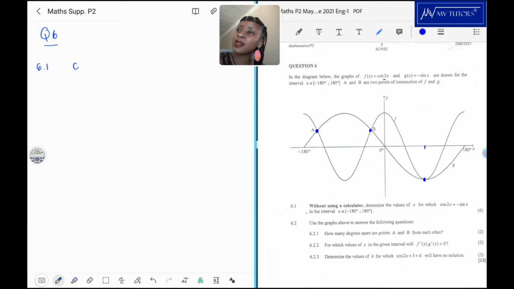Okay, so let us see. I have cos 2x is equal to negative sine x. If you remember the identities, for cos 2x, a double angle, you have 3 options.